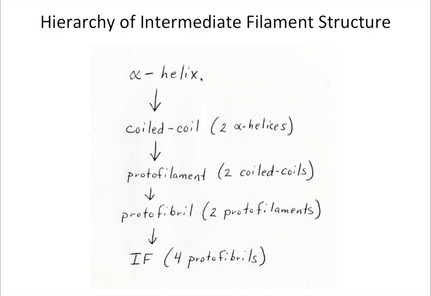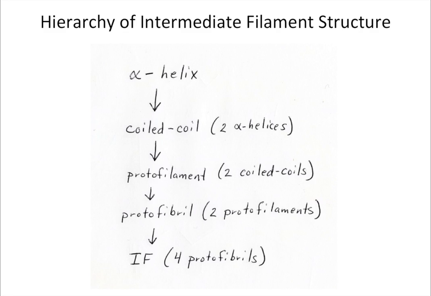You take two alpha helices, twist them together around each other, and you form a coil. The alpha helix has a right-handed twist, but the coil would have a left-handed twist.